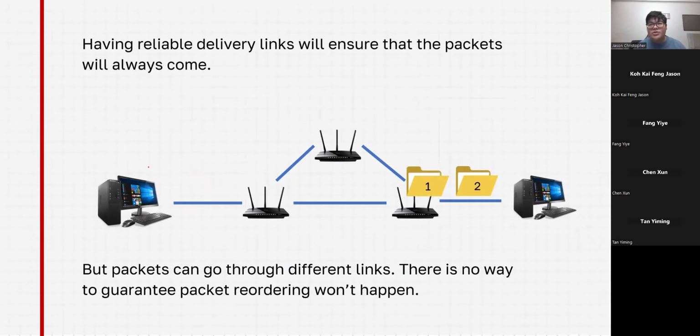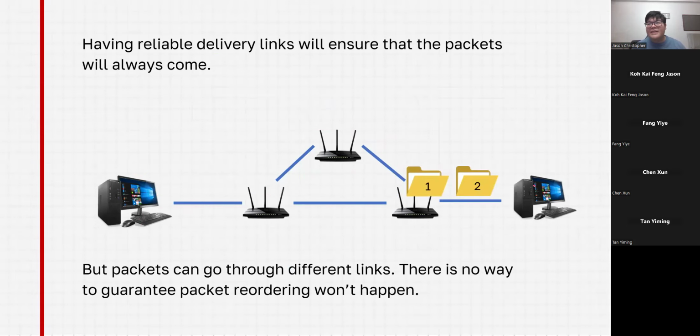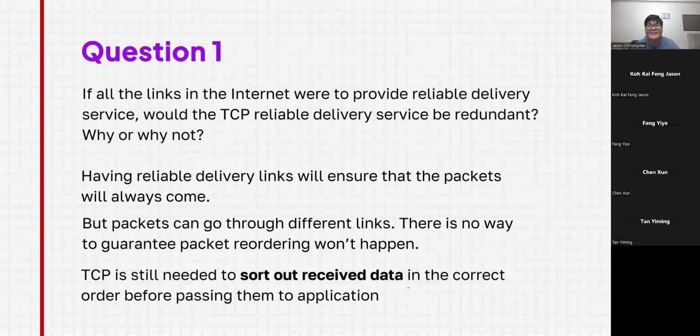So this can go through different routes, and when it arrives at the destination, the packets can come through different links. Thus, it doesn't guarantee that packet reordering won't happen. So there has to be a certain form of protocol that can help you to reorder things. That is when TCP will be needed, to sort the received data in the correct order. Yeah, so that is one case.